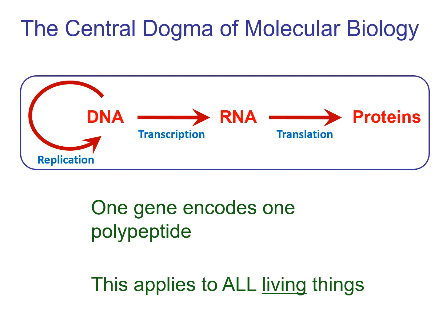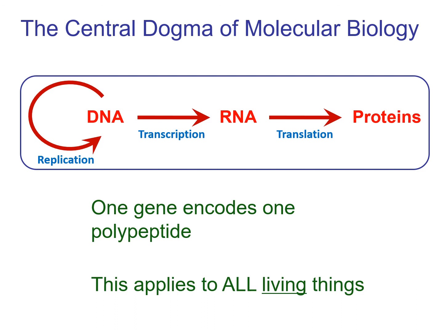And that's my background, so I would very much like to talk more about it, but I'm going to keep it really, really short. The central dogma suggests something very simple. DNA is used as a template to make copies of itself. DNA is used as a template to make RNA. RNA is used as a template to make proteins.